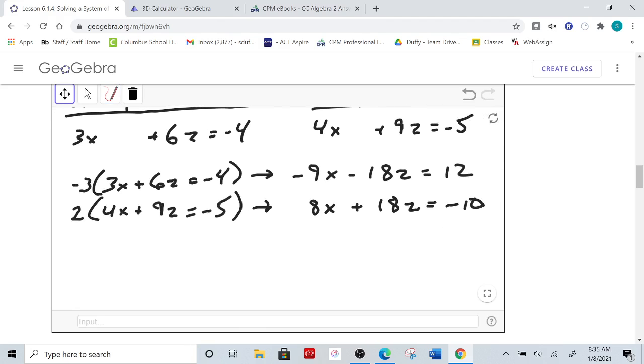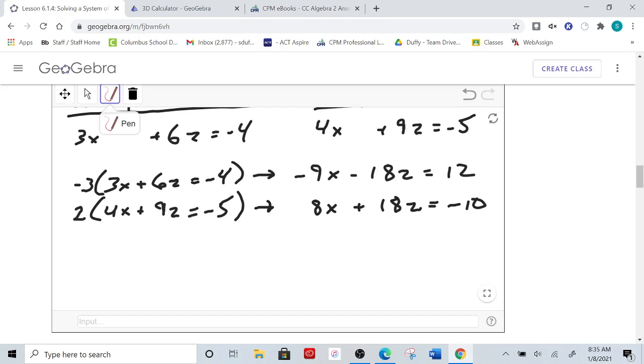So I can eliminate my z's, and that'll become -1x, -9 plus 8, and this equals 2.